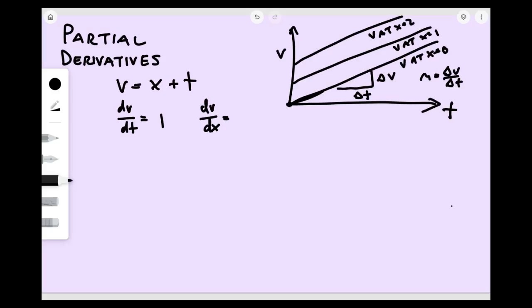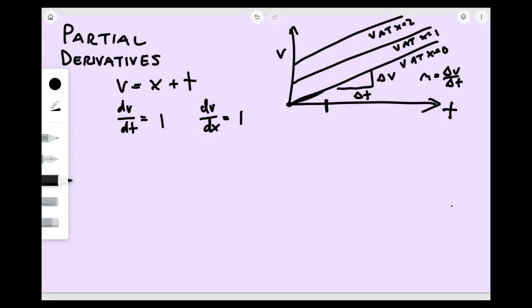For dv dx, we have to hold time constant. So we pick some time t here, whether it be time equals 0, time equals 1, time equals 10. And when we do that, I think you can see that we're also going to get the derivative equal 1. So dv dx equals 1.